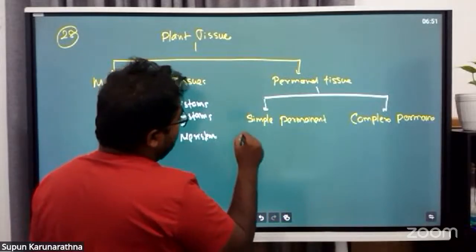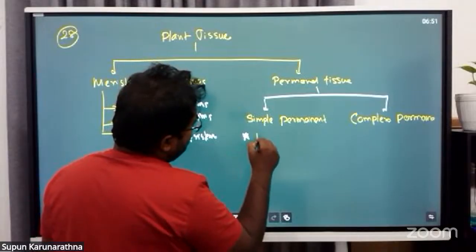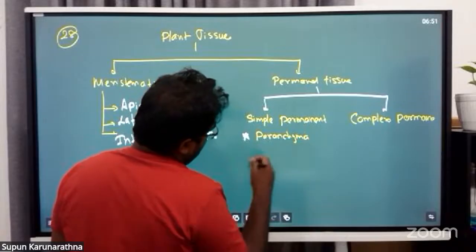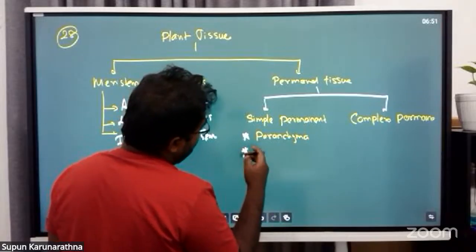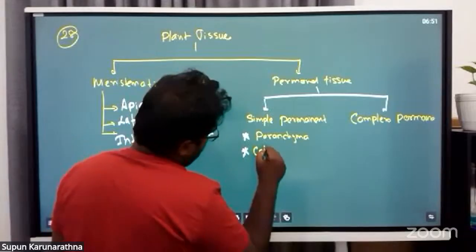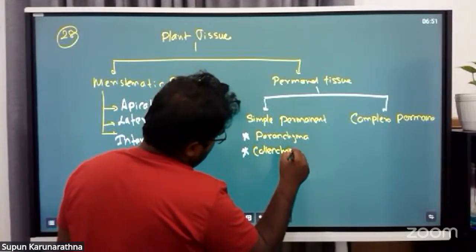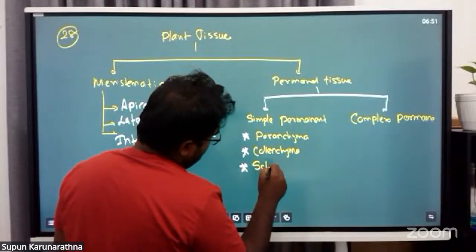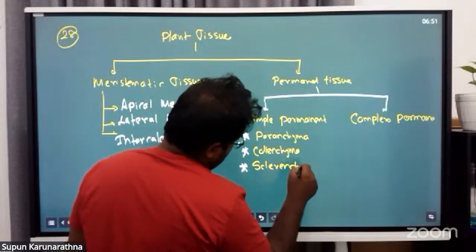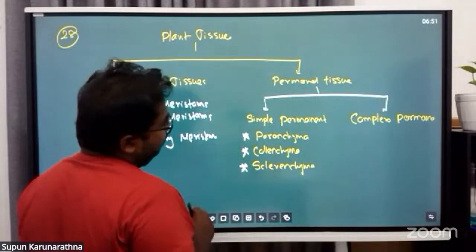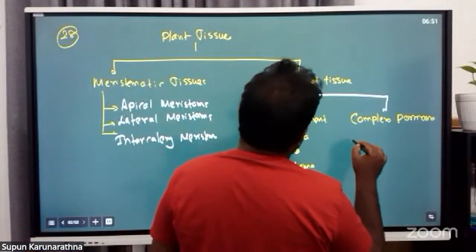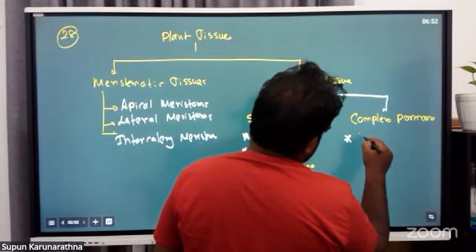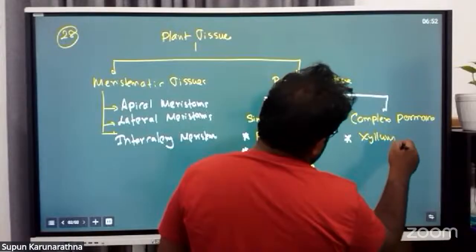There are three types: one is parenchyma, second is collenchyma, next is sclerenchyma. And complex permanent tissues, there are two types. We call them xylem and phloem.